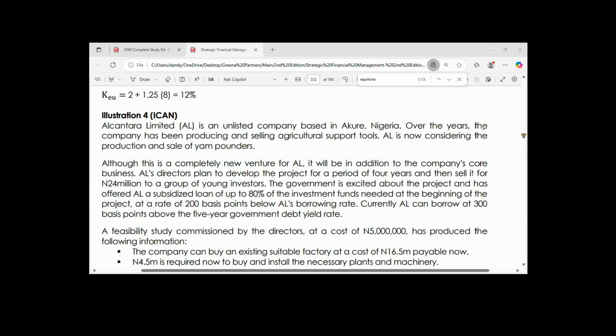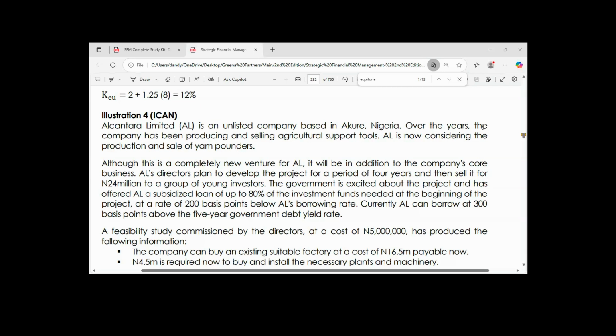I mentioned examples of issue costs to include the marketing expenses, the registration fee paid to the Securities and Exchange Commission, the investment banking fee, which will be paid to the intermediary that will stand between the public and the company that is raising the fund. Then you are also going to pay professional fees, including the legal fee as well as the audit fee. These are some of the examples of issue cost.